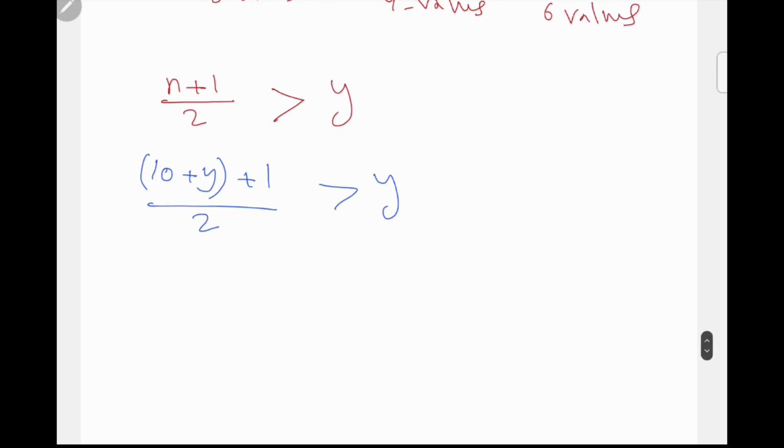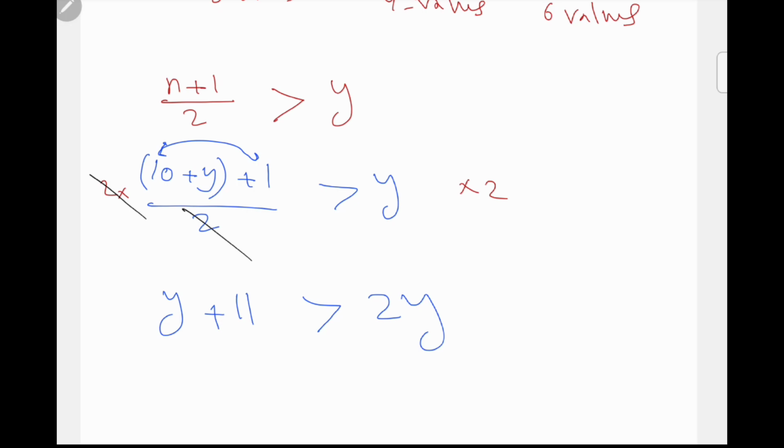Now let's solve for y. The first thing we do is multiply both sides of the inequality by 2, so we can cancel the 2. And we have 10 plus 1 is 11. So we will have y plus 11 is greater than 2y.